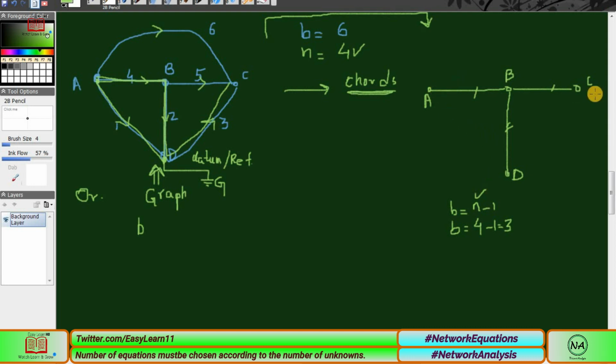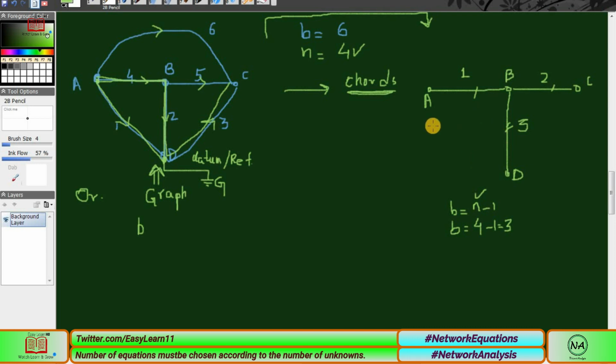So we satisfy all the basic properties and requirements of the tree. So this is our tree, A, B, C, D. Now we call these the branches and count them: first branch, second branch, and the final, third branch. These are the 3 branches.